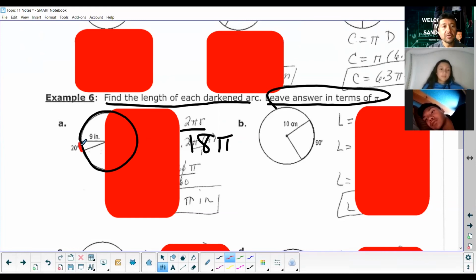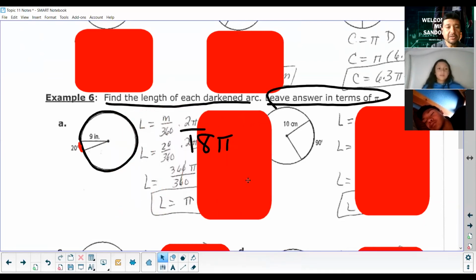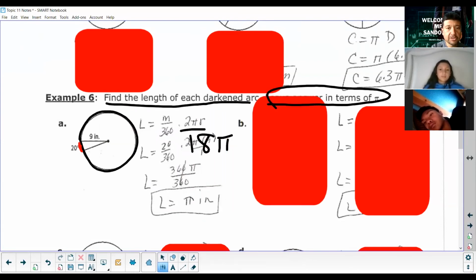Okay, so in order for me just to get a fraction of it, I need to express everything in terms of just that little piece. So you see right here where it talks about the 20 over 360, the one I just circled?